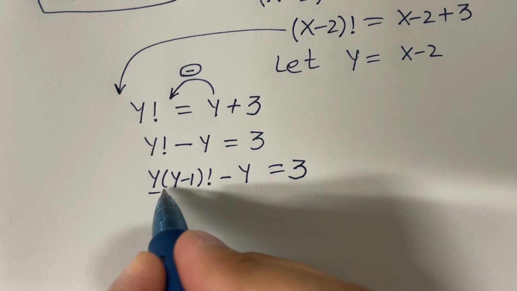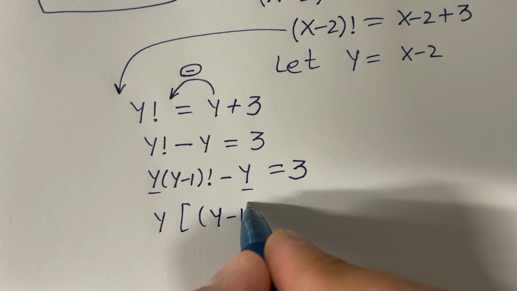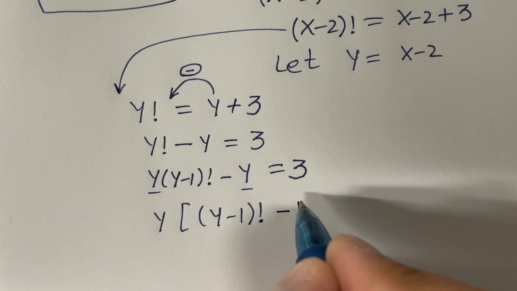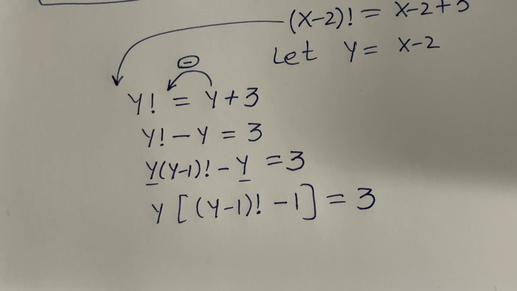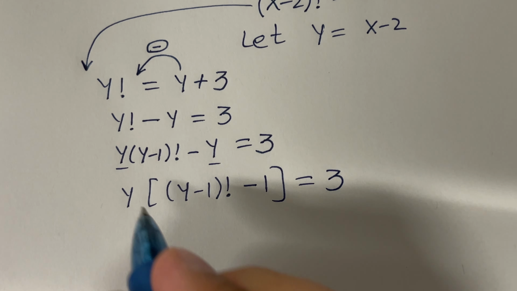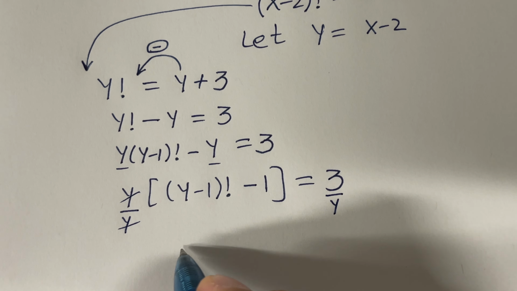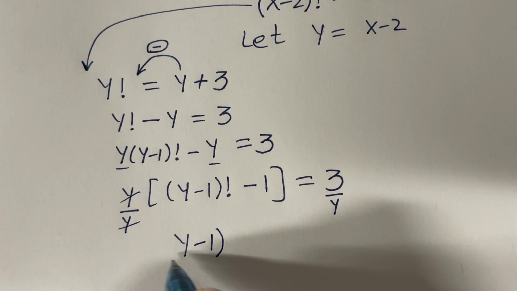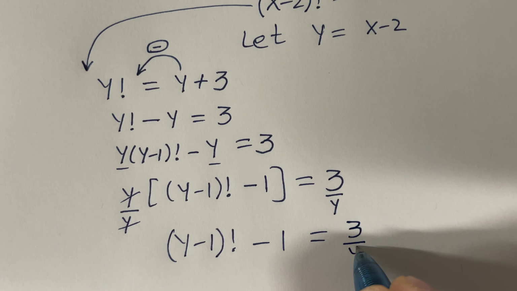Right, I have y common, so take out y, then we will have y times ((y minus 1) factorial minus 1), and the right hand side is 3. Let's divide by y on both sides, and then we will have (y minus 1) factorial minus 1 is equal to 3 divided by y.